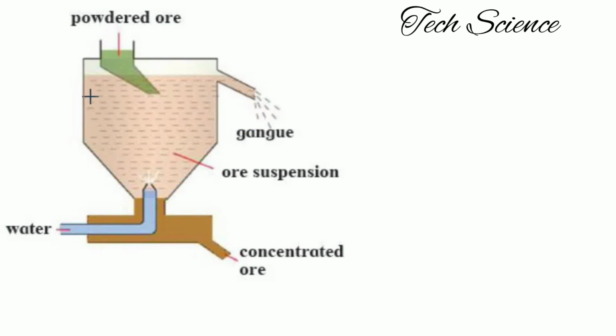Using this gravitation-based technique, you just filter out the gangue particles from the upper region, and the main ore stays at the lower region. This is the lower region. So this is the complete method, called the hydraulic separation method. Using it, you can separate the gangue particles, the impurities, from the main ore.